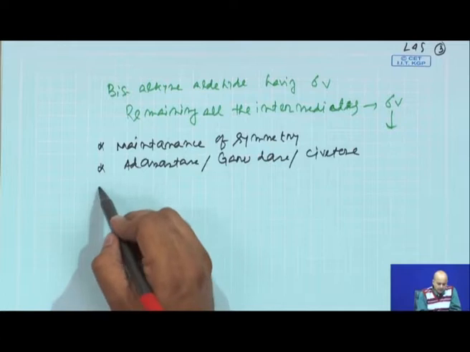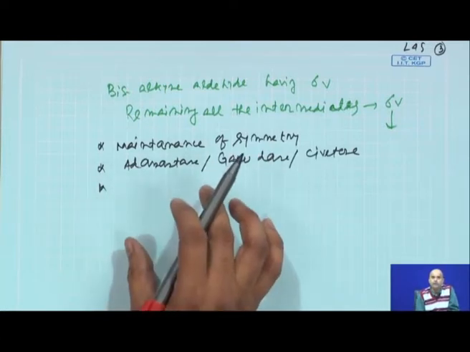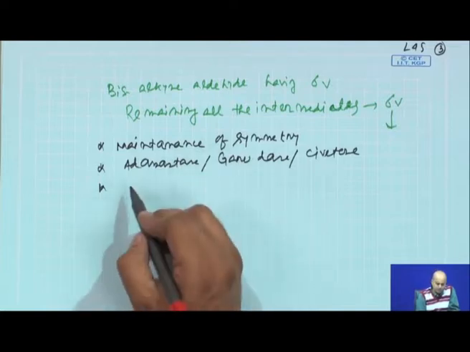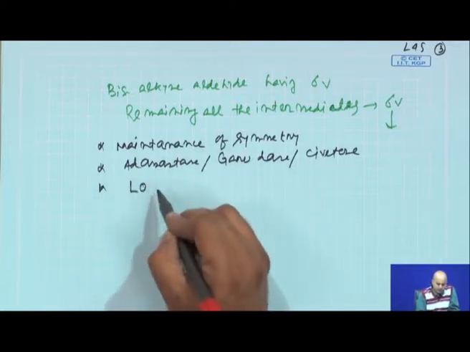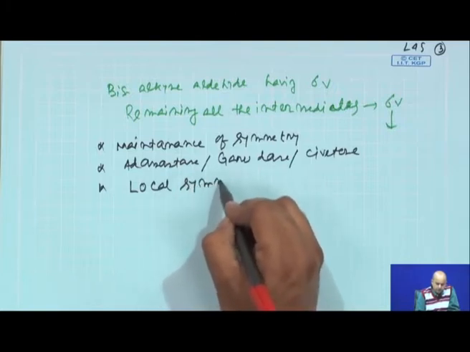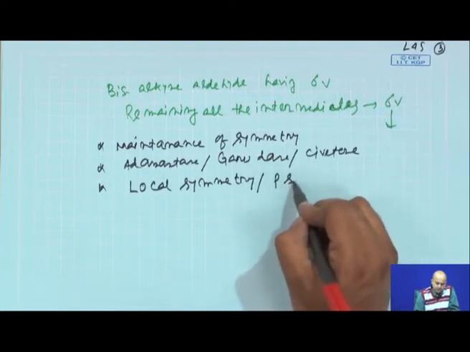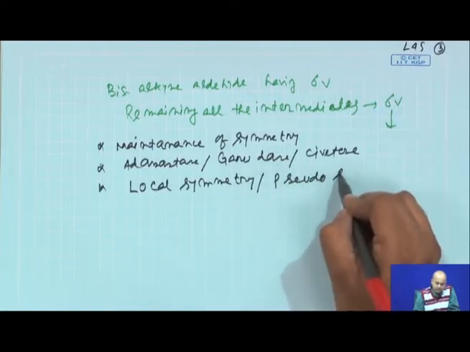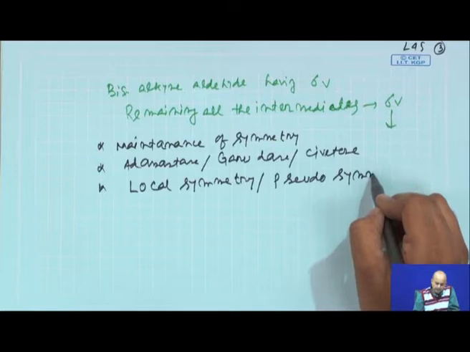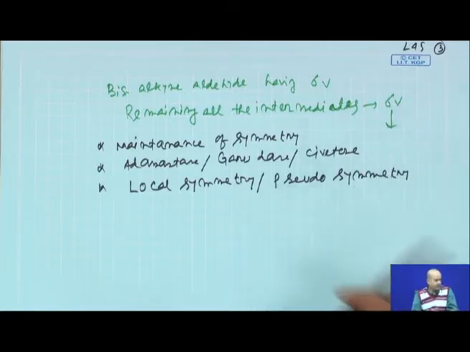Next we said that there are 2 remaining points which need to be considered. The next important point is called local symmetry and pseudo symmetry. So, these 2 points we are now going to discuss.